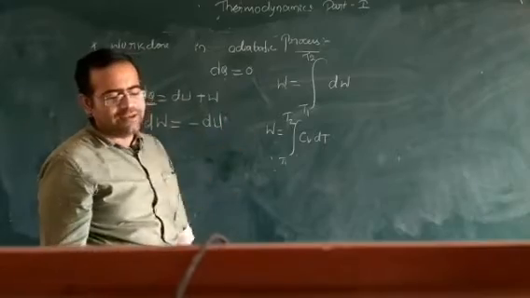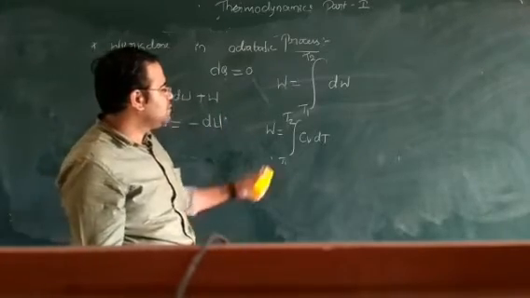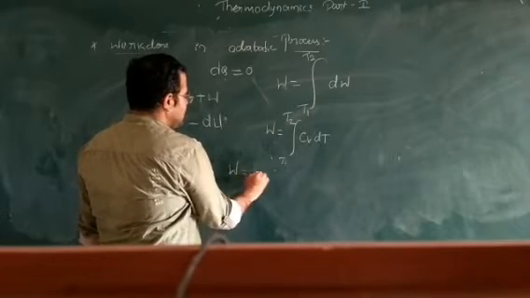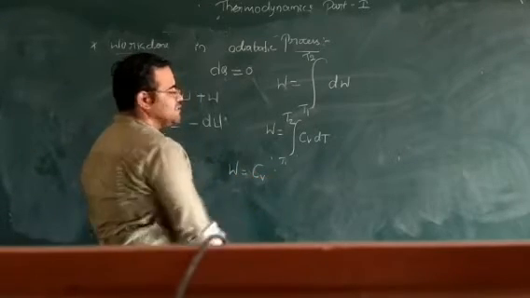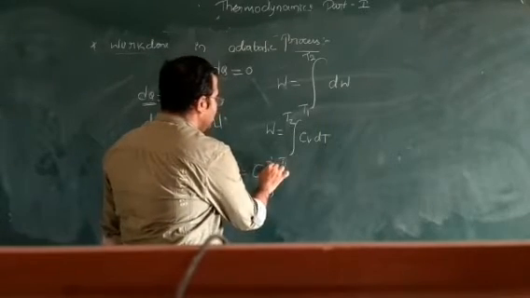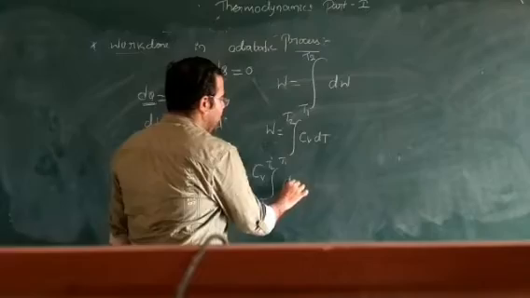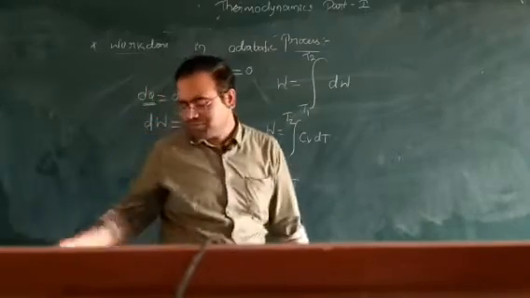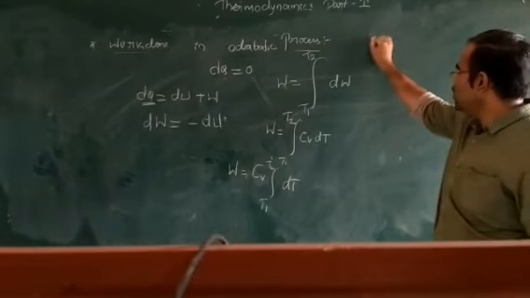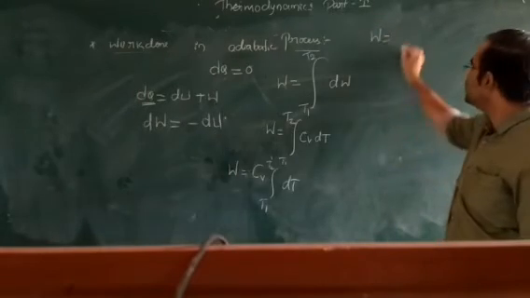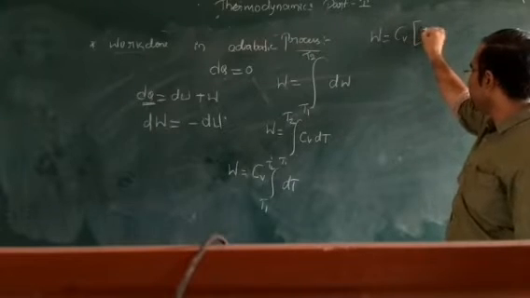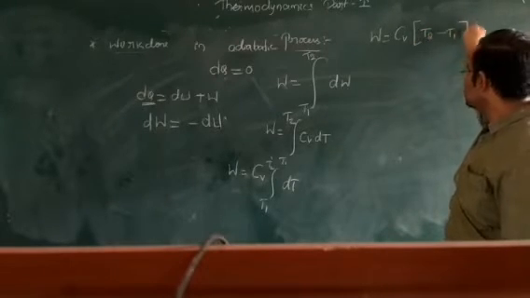Because the Cp value is 0 there, so Cv multiplied by dt. The specific heat capacity at constant volume remains constant here, integrating from T1 to T2. So W is equal to Cv times the integration of dt, that is T2 minus T1.